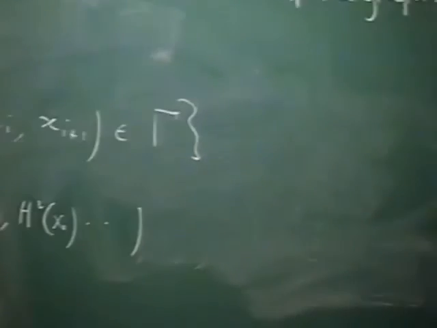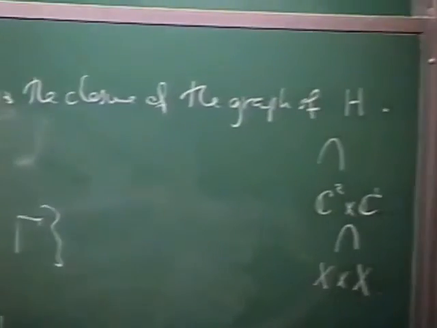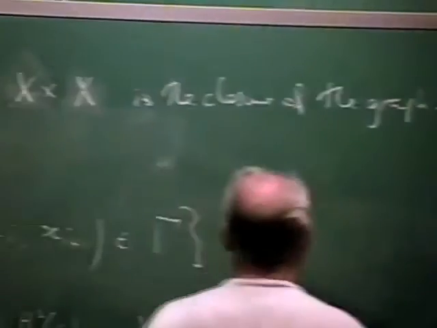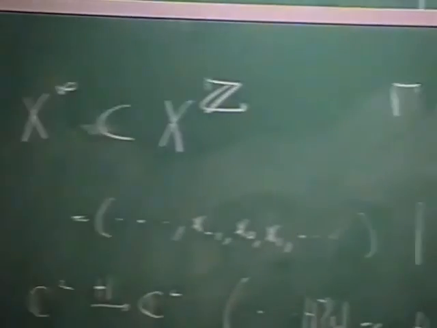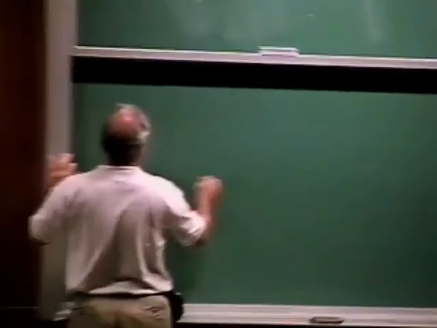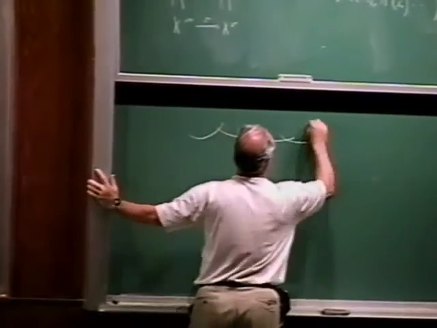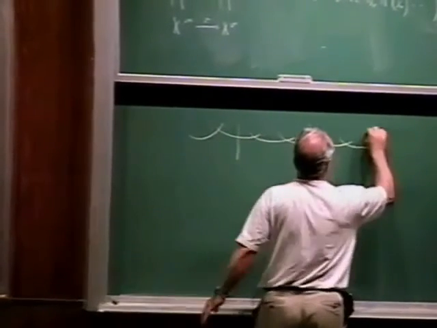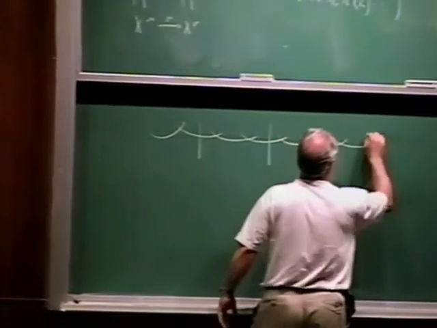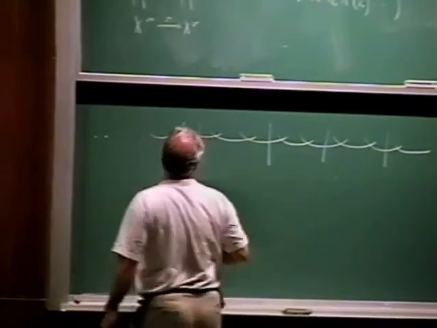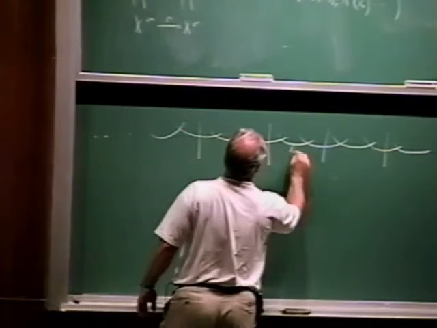What is sitting at infinity? I claim that what is sitting at infinity is a divisor which looks like this. Your old line of infinity is here.